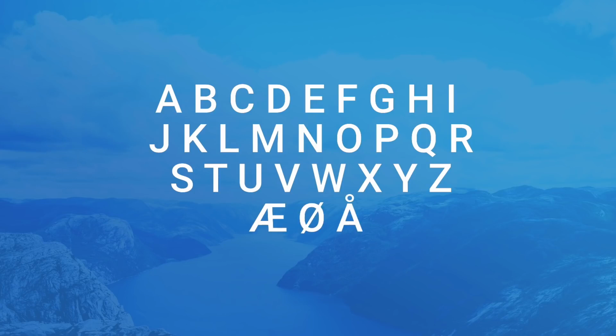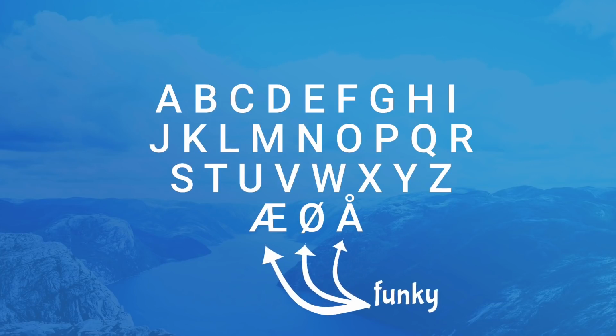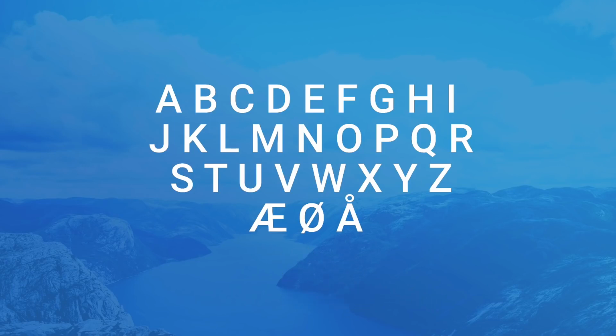So, as you can see, it consists of the normal English alphabet in addition to these 3 extra funky letters. But don't worry, they're not too funky, and we'll get around to looking at them in detail soon enough.